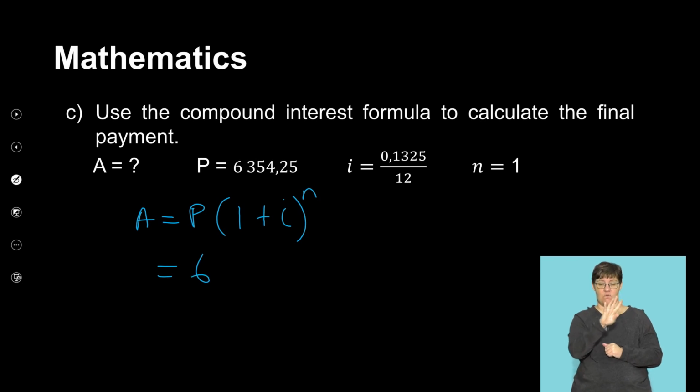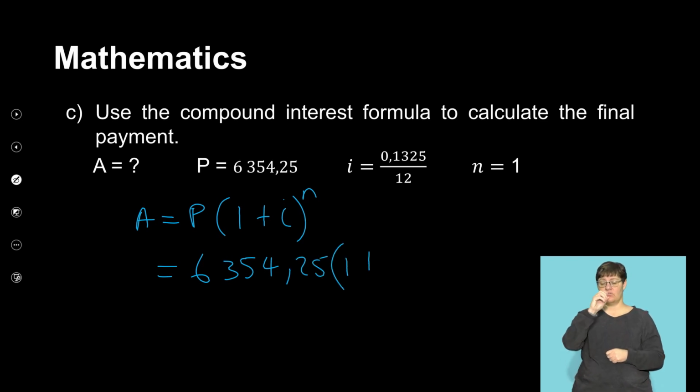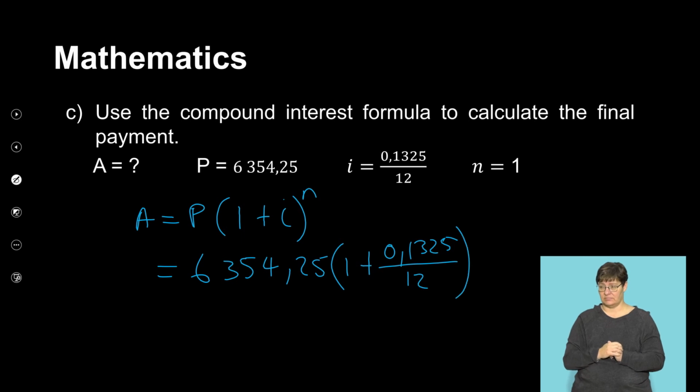This will be 6,354.25 into 1 plus 0.1325 all over 12, and this is just for 1 month, and then you need to know what exactly you are going to pay there for 1 month.